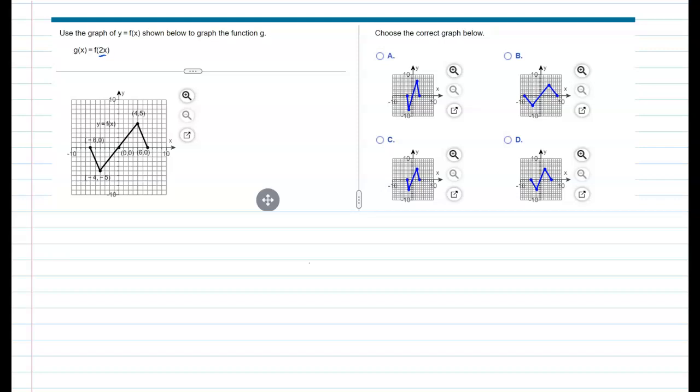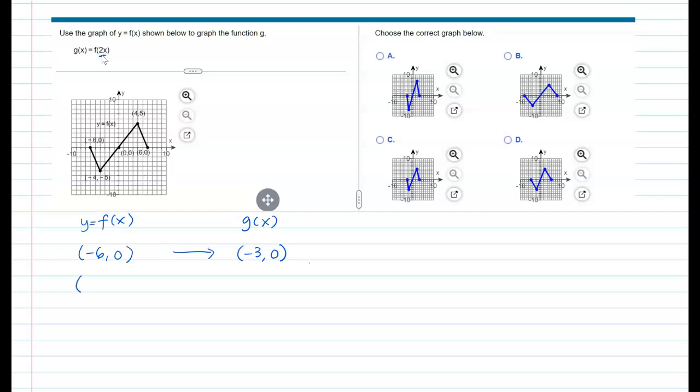If you consider the points on f of x, you have negative 6, 0. That point will correspond in your g of x to negative 3, 0. So you retain the y-coordinate and the x-coordinate will be divided by 2. Again, not multiplied by 2, but divided by 2.